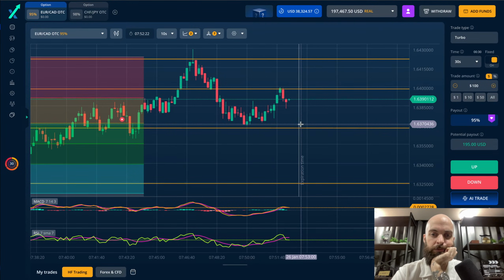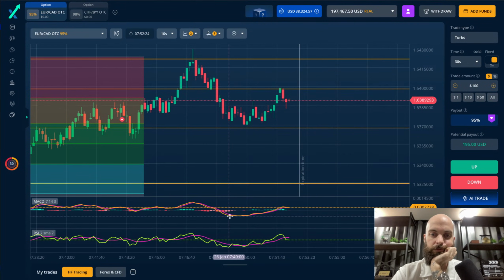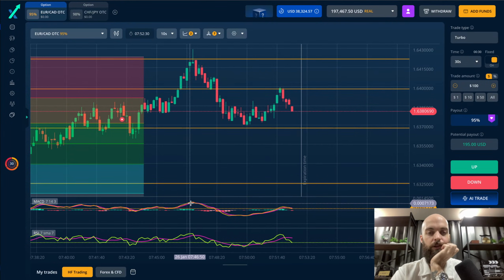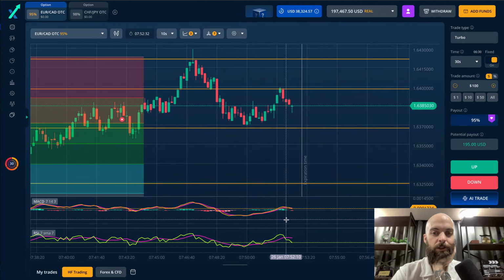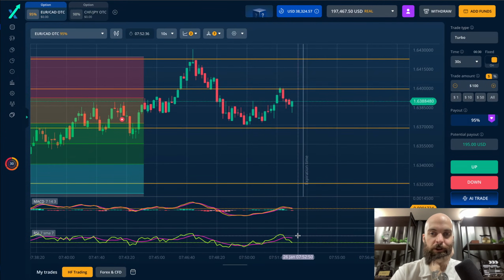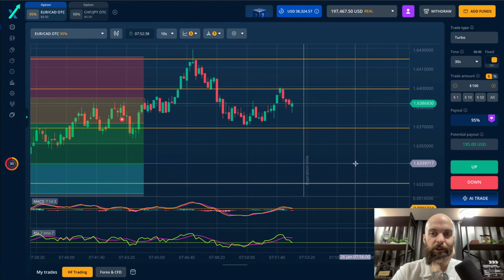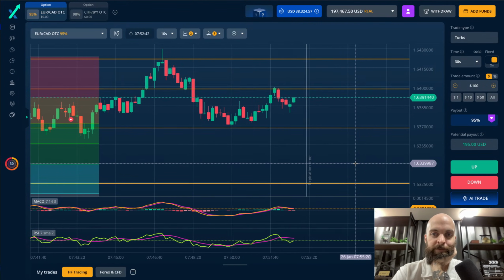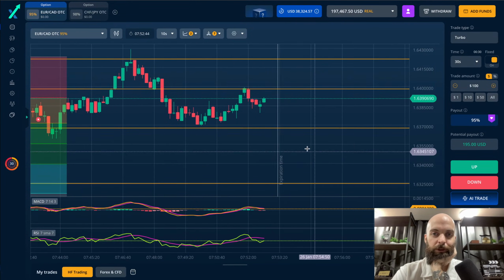However, I see momentum rising. On the larger scale, momentum's falling here, but on the micro scale, momentum's rising. So we would need to be careful. I'm not going to do that trade. Let's wait for a little price stretch and then bounce.